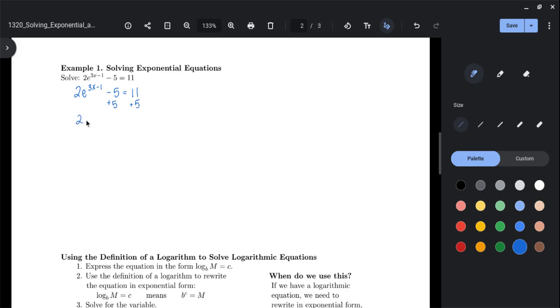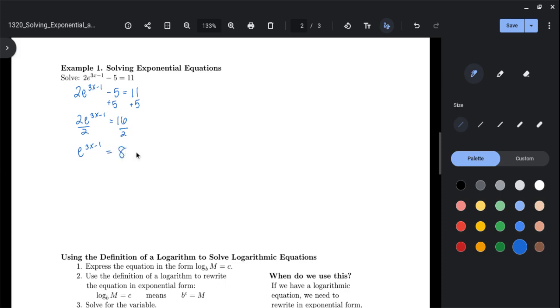And we get 2 times e to the 3x minus 1 power equals 11 plus 5, which is 16. And then we still have our term being multiplied by 2, so we can go ahead and divide by that on both sides, and we get e to the 3x minus 1 power equals 8.